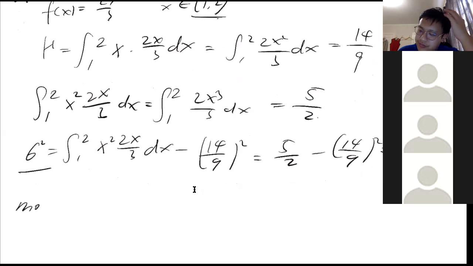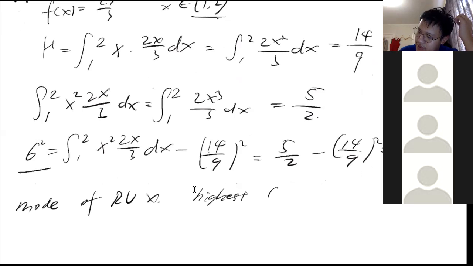And then we want to find the mode of this distribution. The mode of a random variable x is defined to be the value with the highest frequency of appearance in the range.